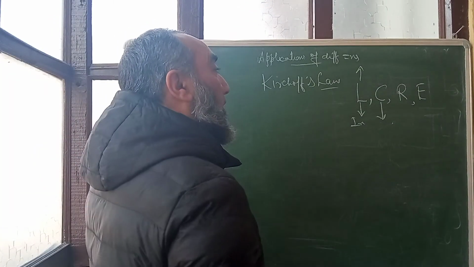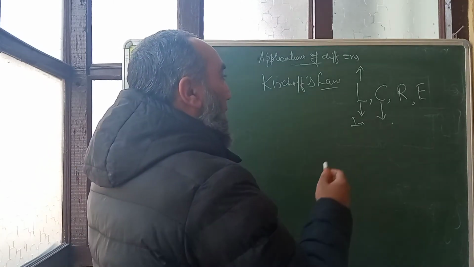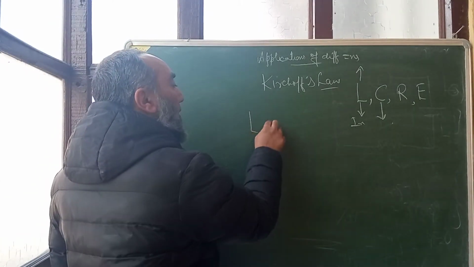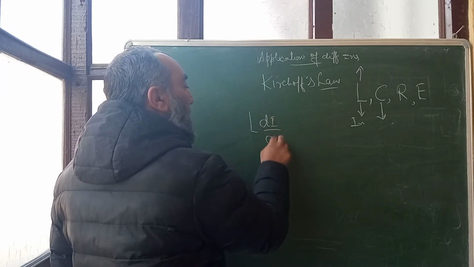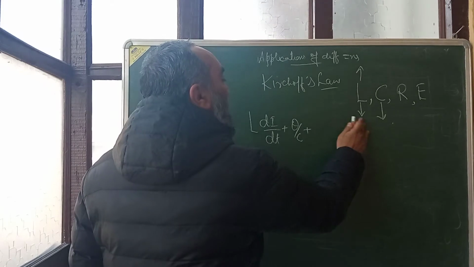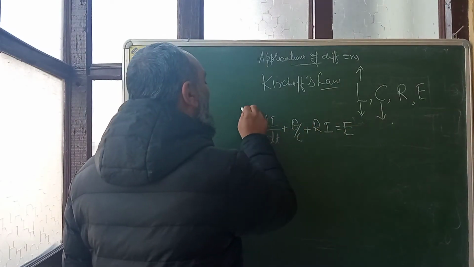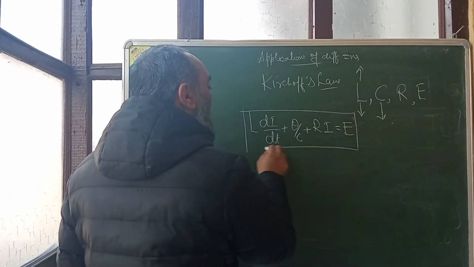If you have these three, we say it is an LCR circuit. Then as per Kirchhoff, L di by dt plus q by C plus Ri is equal to E. This is the differential equation given by Kirchhoff.